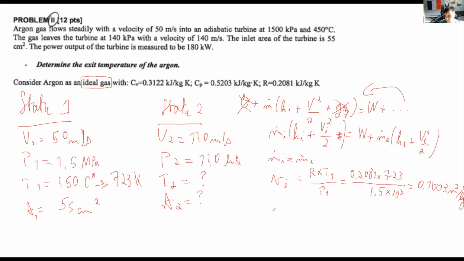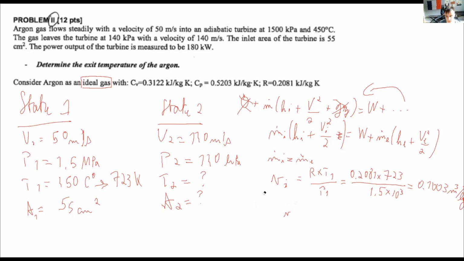Now with the specific volume, you could find the mass directly. Mass, without the dot, my bad, is equal to the volume V1 divided by the specific volume. But in this case, we're not given the volume, so we can't use this equation.